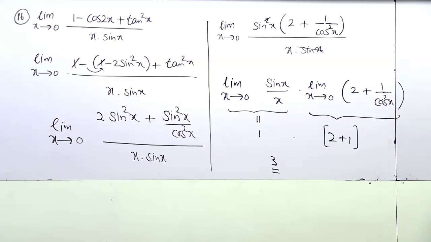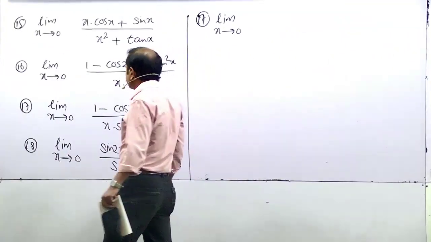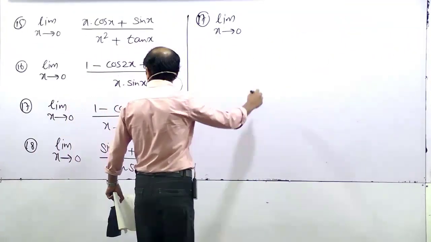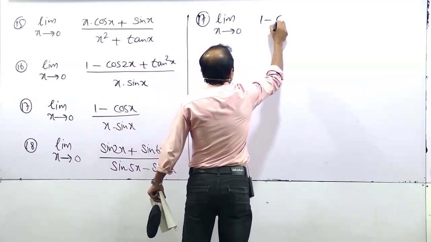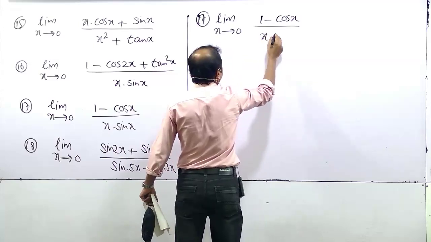Limit x going to 0, (1 minus cos x) over (x sin x).